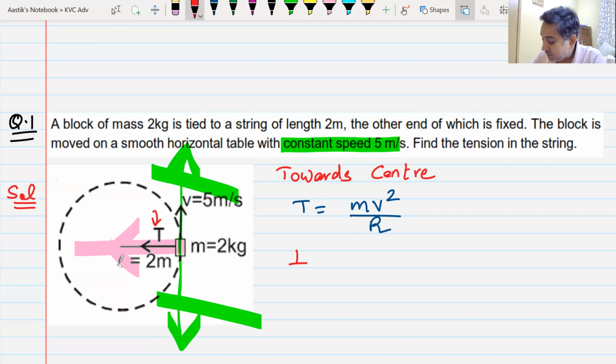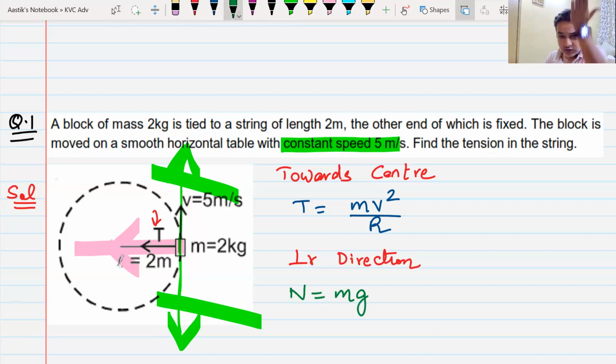So if I make the equation in the perpendicular direction, the force coming from the table will be the normal reaction, and the weight which is going down will be mg. So normal reaction will be equal to mg. It cannot move like this.